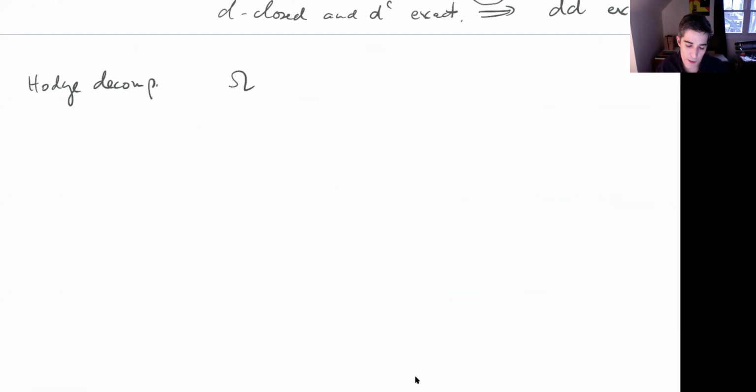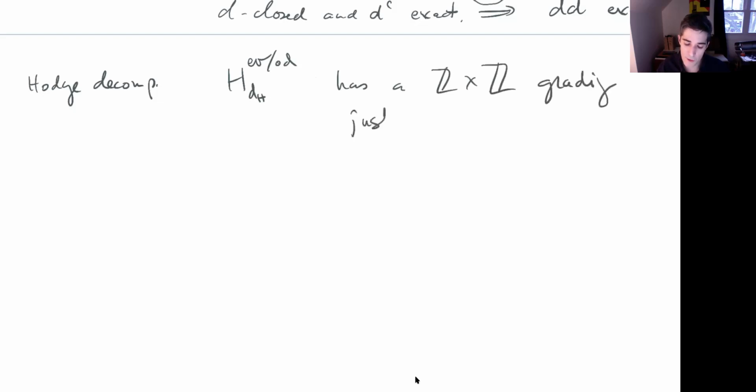If I take this even or odd twisted de Rham cohomology, this thing actually decomposes. This has a Z cross Z grading, just as in the Kähler case. Just as the de Rham cohomology of a Kähler manifold does.